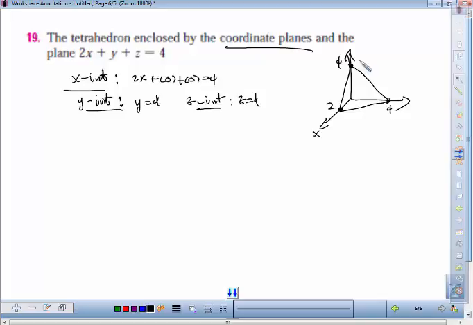Okay? Now that you have the tetrahedron, just like in double integrals, when you're trying to figure out the limits, that's what we need to do. We need to integrate with respect to one of the variables first.